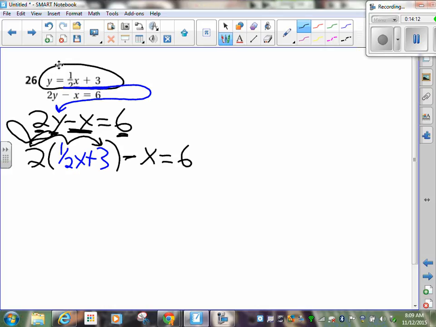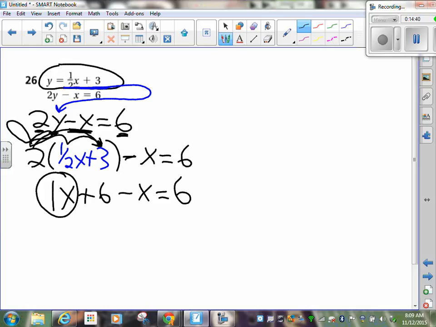So 2 times 1/2 x is 1x plus 2 times positive 3 is 6, minus x equals 6. Again, you're thinking, Mr. Zerlo, we've got to do what we usually do, right? Yeah, you're right. What do I got to do? Combine.